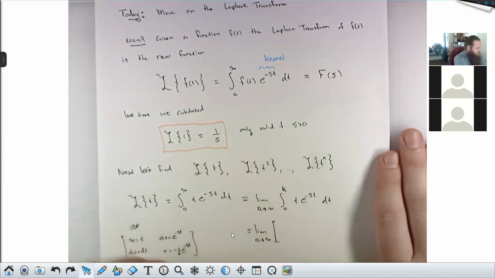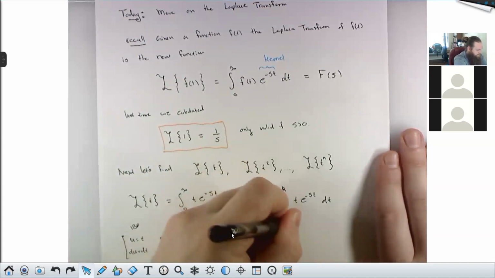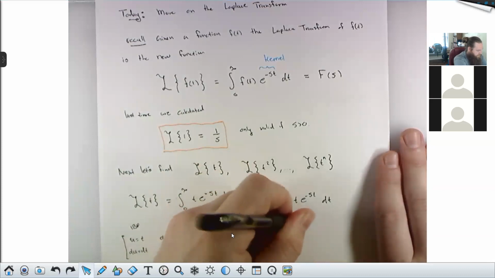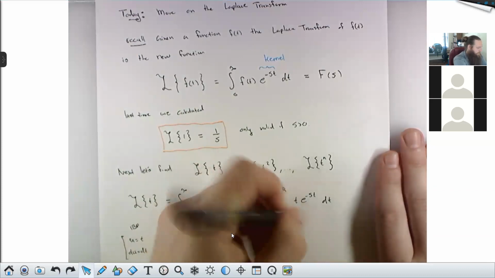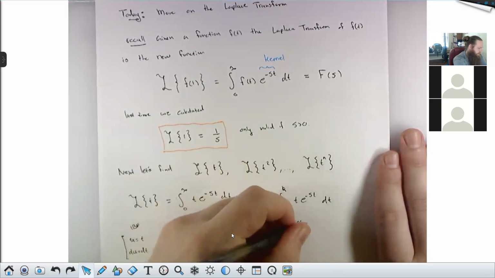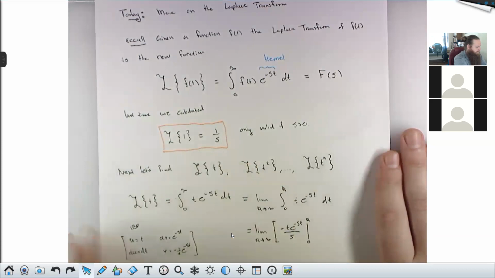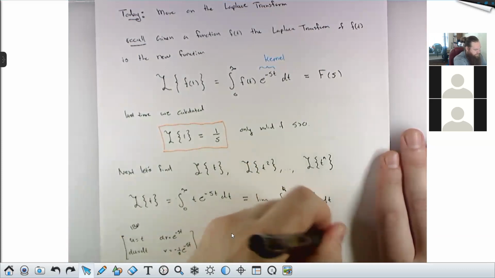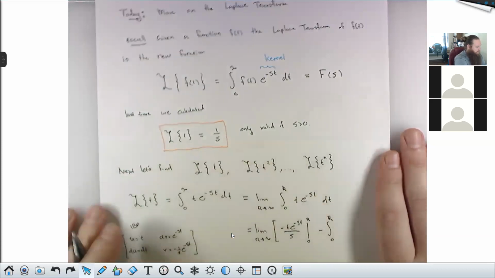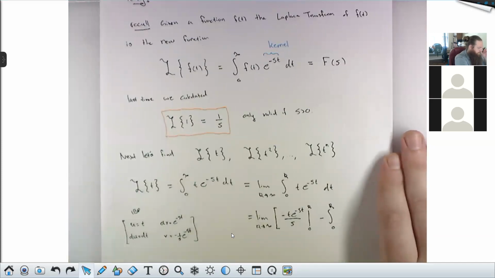That's t times negative 1 over s e to the negative st, that is negative t e to the negative st over s, evaluated from 0 to r, minus the integral from 0 to r of v du. So that minus and this minus are going to make a plus. I've got a 1 over s e to the negative st dt.